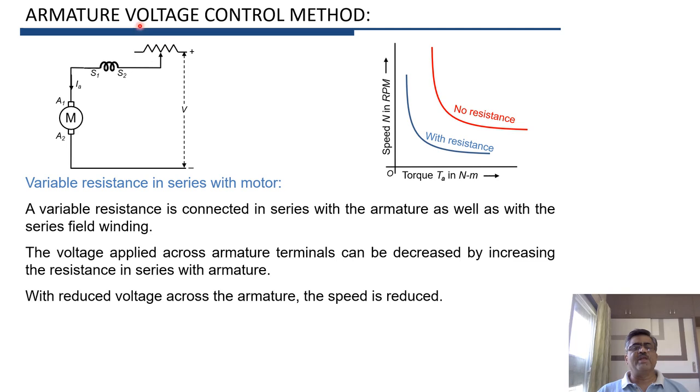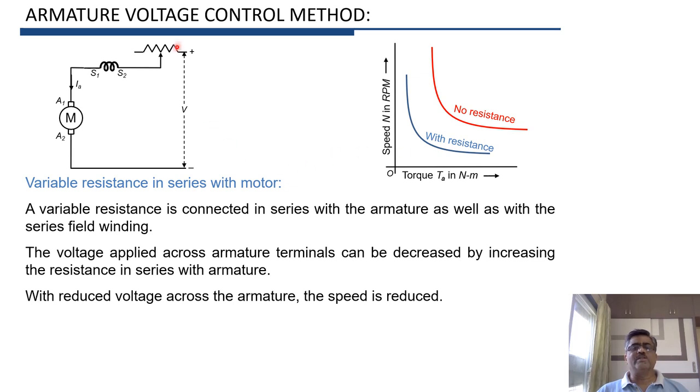If the variable resistance connected in series with the motor is 0, that is with no resistance, this is the speed torque characteristic, and the motor will operate at its rated speed. Now if the resistance is inserted in series with the motor, then the voltage across the armature will reduce. And with reduced voltage across the armature, the speed torque curve will be shifted like this, and the speed of the motor will reduce.